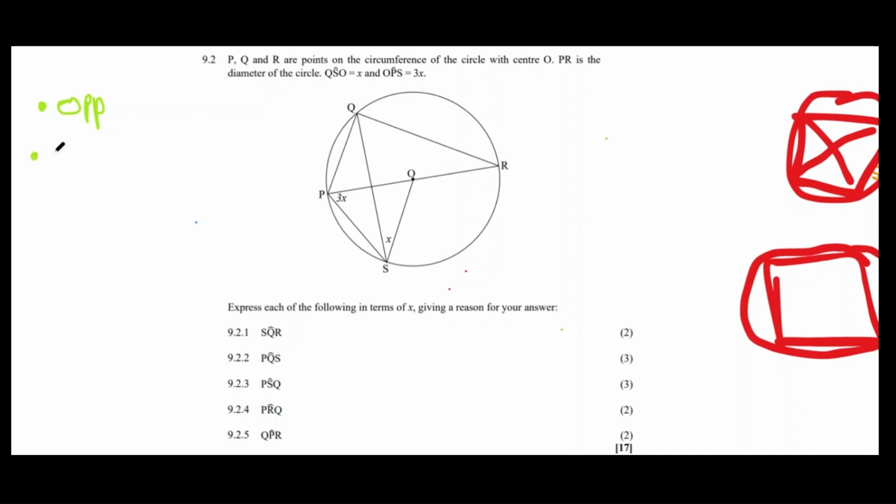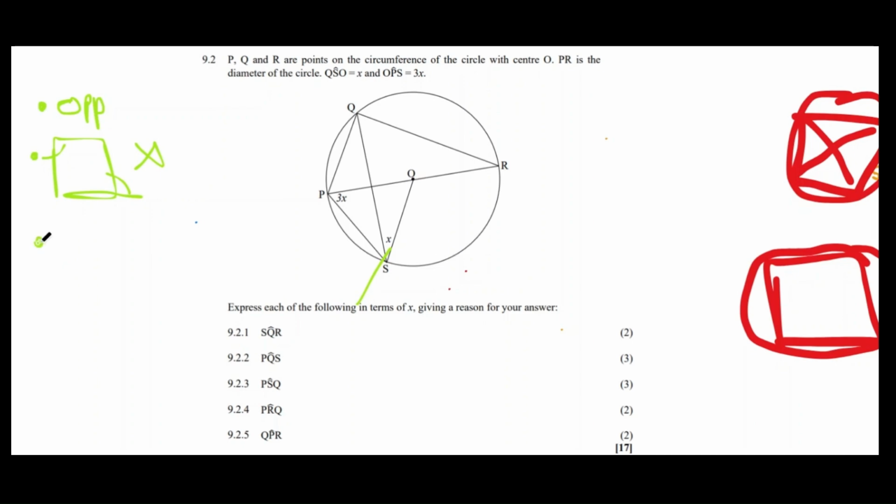What else do we think of? We think of the exterior angle of a cyclic quad, but we don't have an angle at the exterior of the cyclic quad, so it's not going to apply. If there was one, the exterior angle would equal the opposite interior angle within that cyclic quad, but it's not applicable to this specific question.